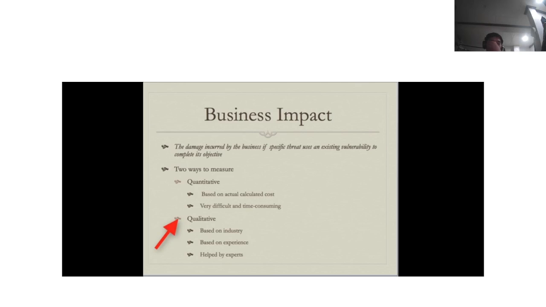So it's based on the mga industry. So what's going on, what the types of attacks that have occurred, no? The types of problems that the business has had, the kinds of cost that the business has incurred when an attack has happened.